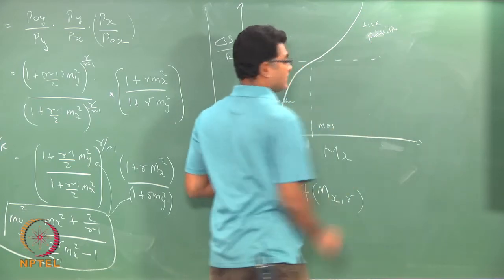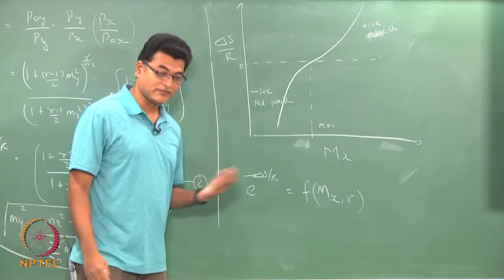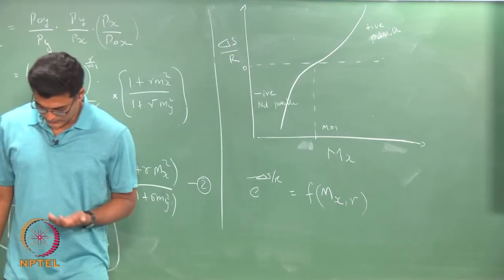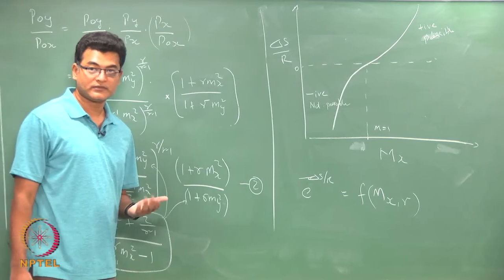It is not possible in general fluids like air and other things, but if we use some other fluid, for example a case where you have an increase in pressure when you expand.